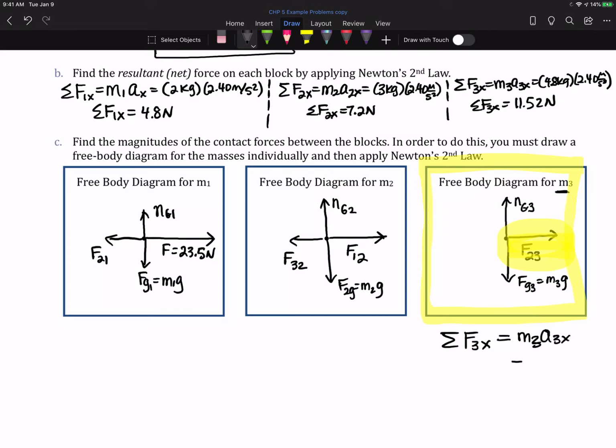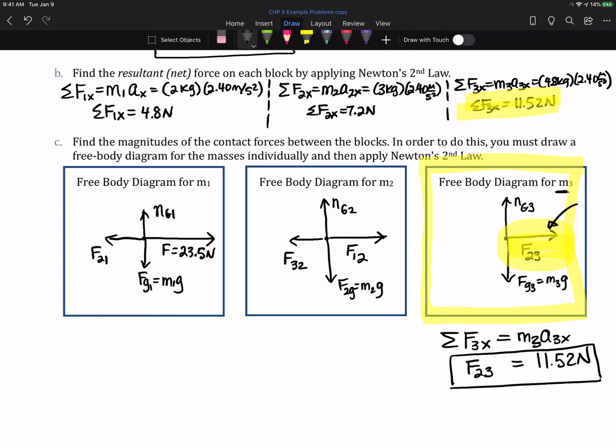Well, we already found out above that this is 11.52 newtons, right? That's where we found this value right here, mass times acceleration. And if I look at my free body diagram, the only force I have acting on that mass is the force that block 2 exerts on block 3. So we have determined one of those forces.